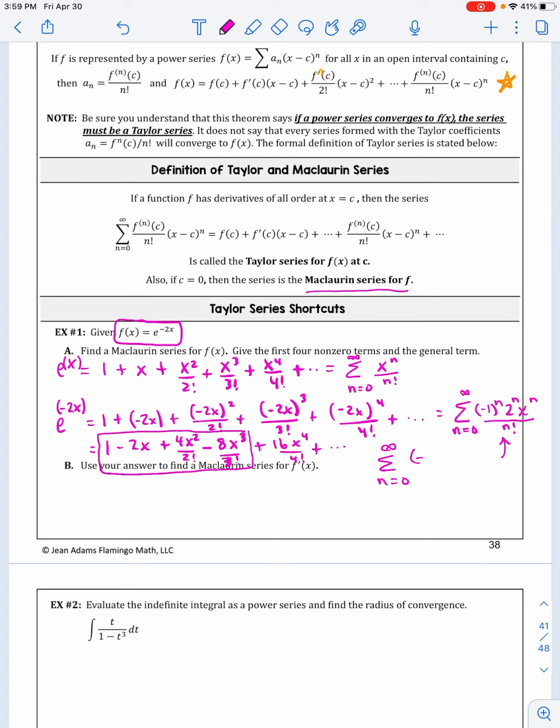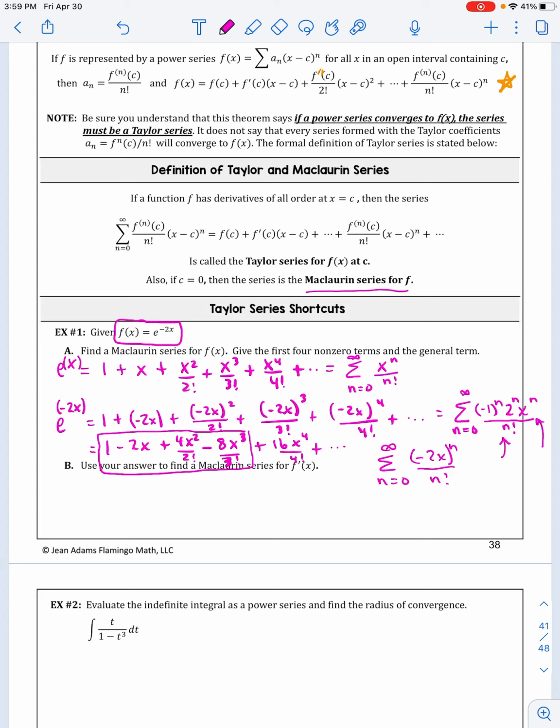And the general term, so this basically is your general term. It didn't say you had to have your summation, but if you wanted to, you could make this negative 2x to the n over n factorial. They're all to the n here, right?